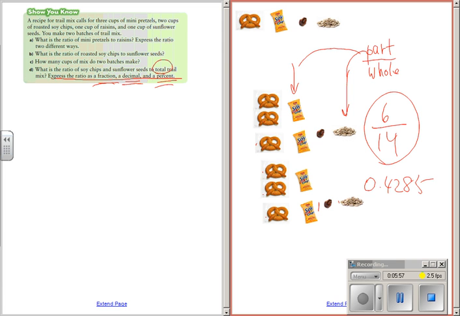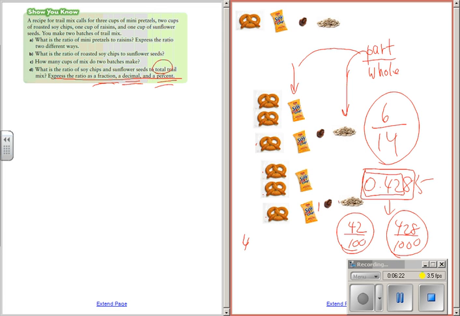How do I go ahead and change that to a percentage? Well, if I just look at these two here, that's 42 hundredths. If I look at these three here, that's 428 thousandths. Now, obviously, if I wasn't really concerned about a real accurate percentage, I could say it's 42%, but this one actually helps me get a more accurate percentage.